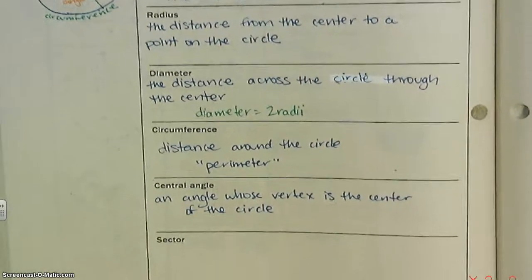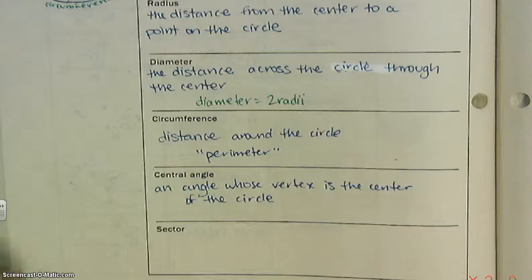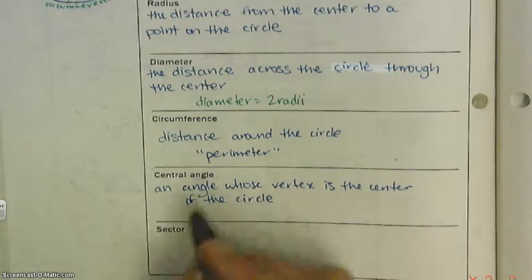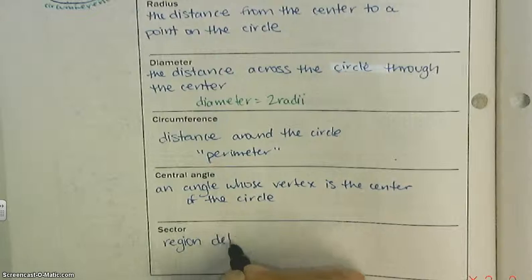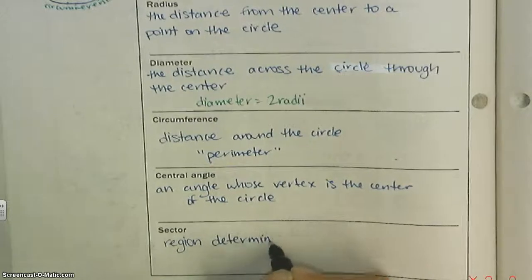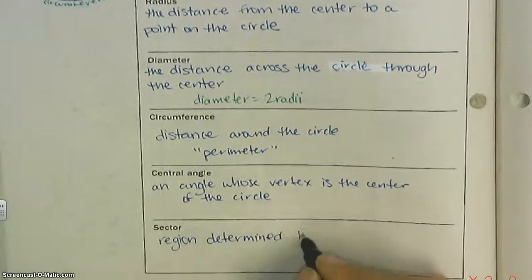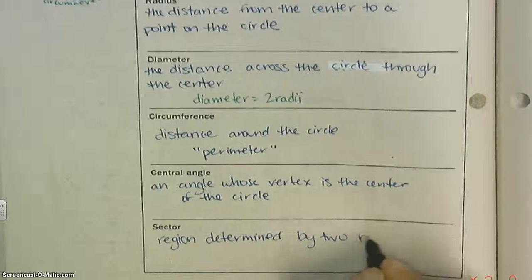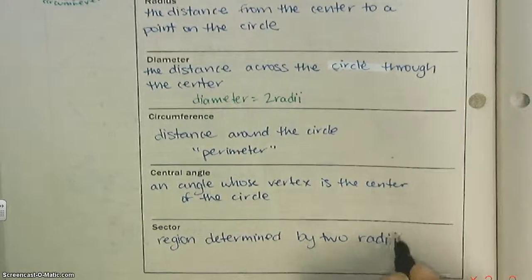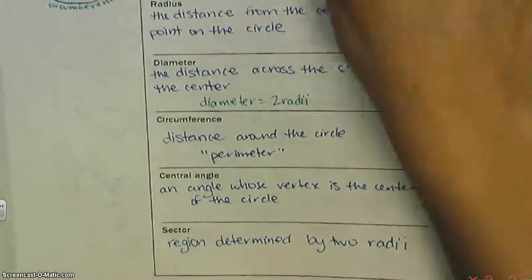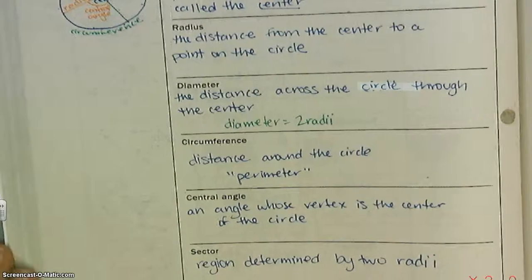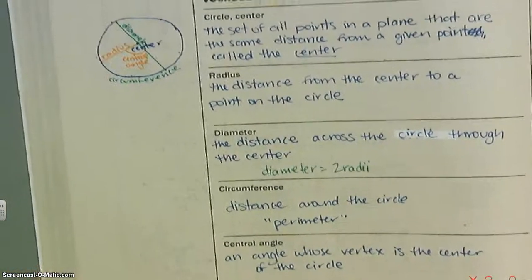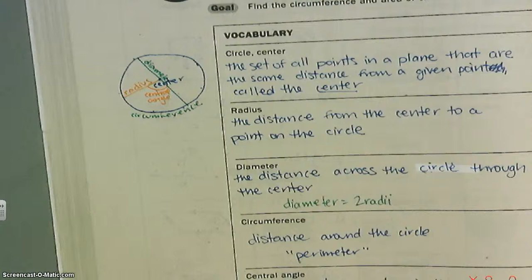And a sector is a region determined by 2 radii. If you look back to our picture, it's just like a piece of pie, basically.